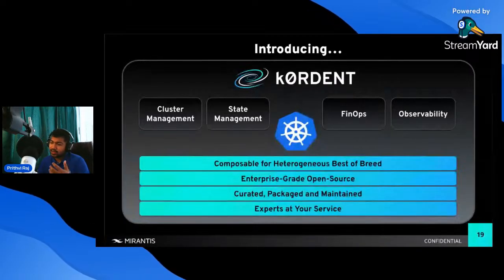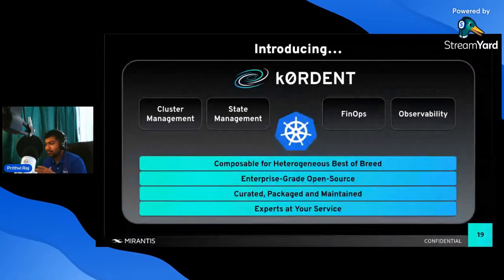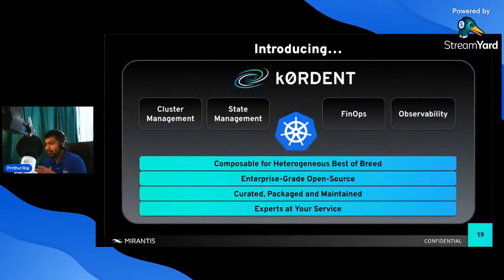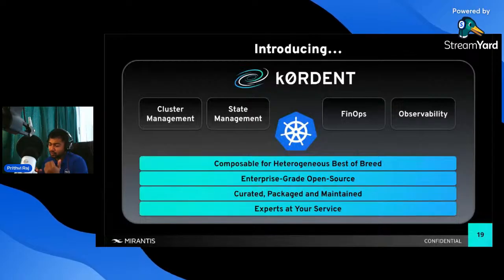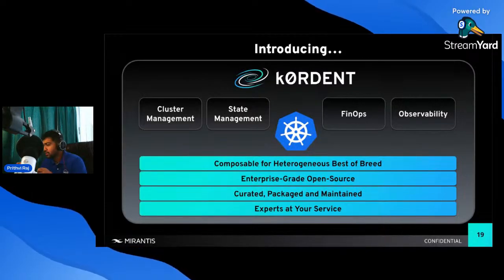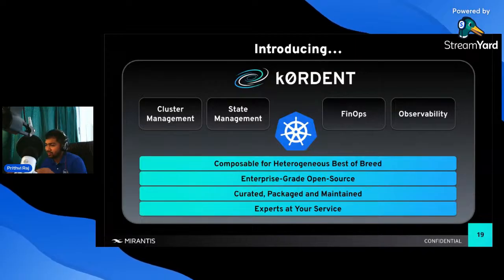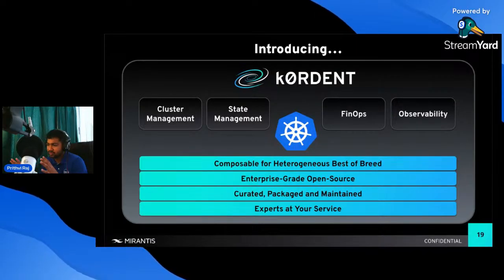And Kordent is designed to be a super control plane that manages all your other Kubernetes control planes. So basically, when you're using your cluster manager, Kordent hosts a mothership cluster, and all your other services, your platforms, are basically your child clusters.